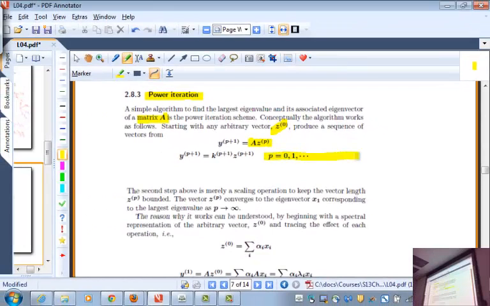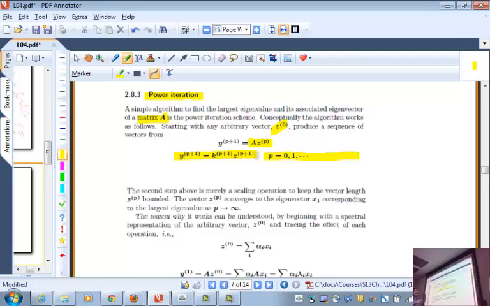I take a vector, multiply it by A, get a new vector, and I scale that vector, because if I keep multiplying, I get numbers that are bigger and bigger. I'm interested only in finding the direction of the vector. Eigenvectors are known only to the direction, right? So I can always normalize it. So the second step is nothing but scaling that vector. So I get a y p plus 1, and for example, I divide that by k p plus 1.